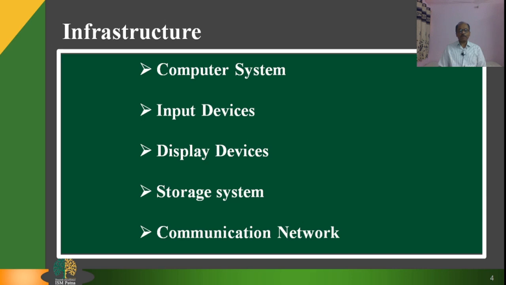The next one is display devices. So, compact disc quality speakers, HD television, SVGA monitors, HI monitors, color printers are various devices which are deployed for display or outputting.